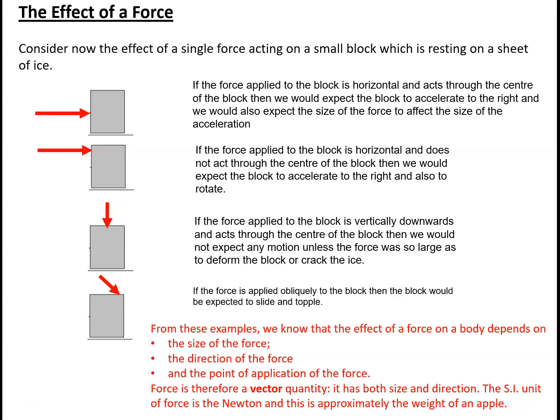Now, from all of these examples, we can see that the effect of a force on a body depends on the size of the force, the direction of the force, and the point of application of the force. Force is therefore a vector quantity. It has both size and direction.